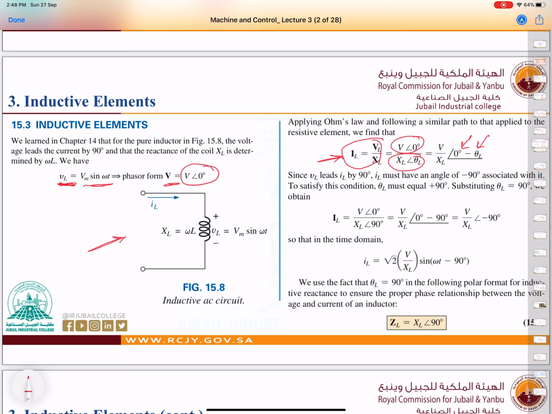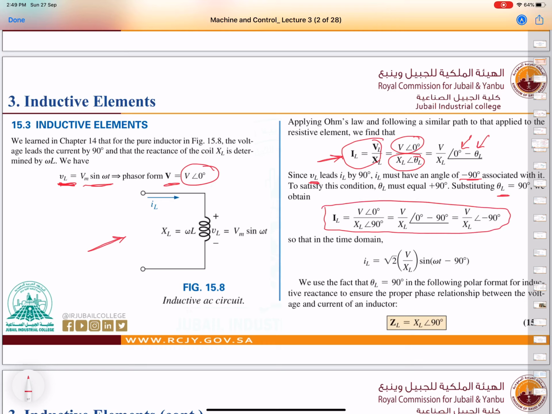Now, since the voltage of the inductor leads the current by 90 degrees, IL must have an angle of minus 90, because the current lags the voltage by 90. So to satisfy this, theta L must equal plus 90. Substituting 90, we obtain that. Don't worry, Shabab, we'll explain more here. Okay.